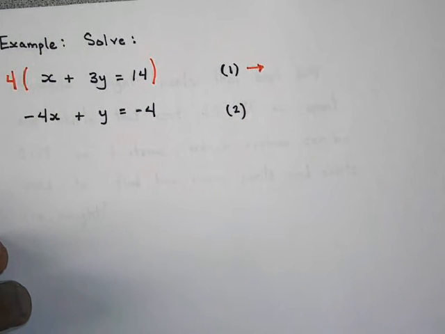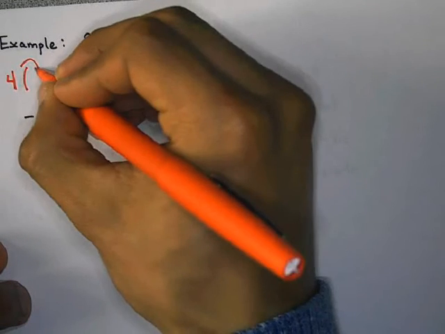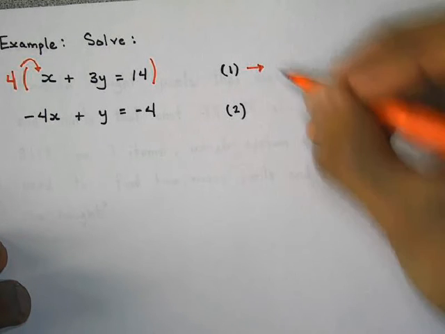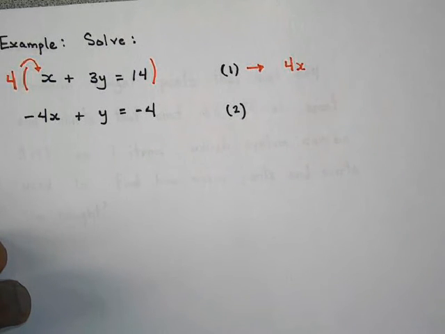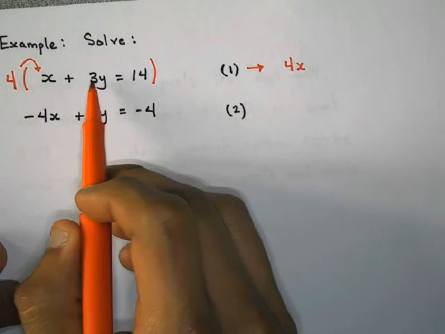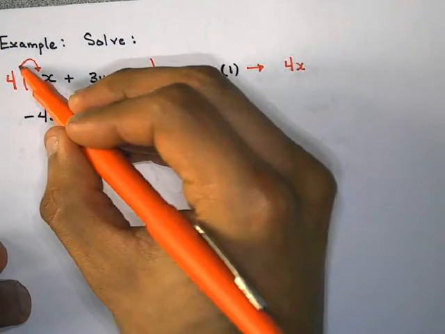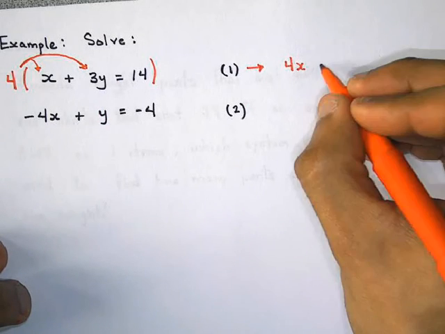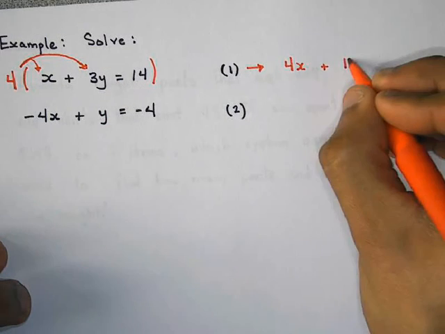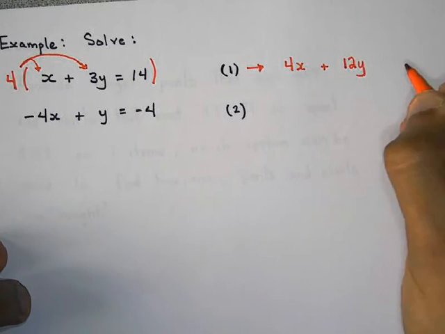So let me put an arrow this way. I'm going to multiply everything out. So I'm going to multiply 4 times x. Well, what is 4 times x? That is just 4x. And then I want to also distribute to the rest of the equation as well. So again, 4 times 3, that's going to be a positive 12y.